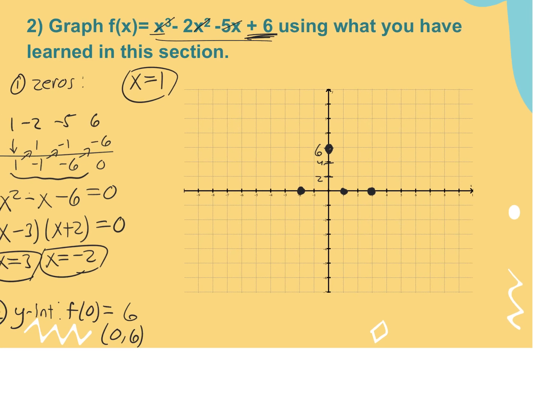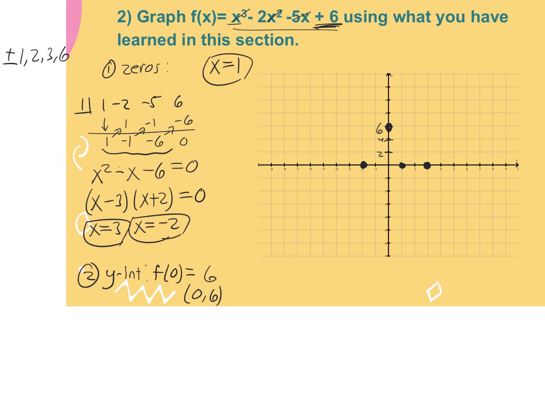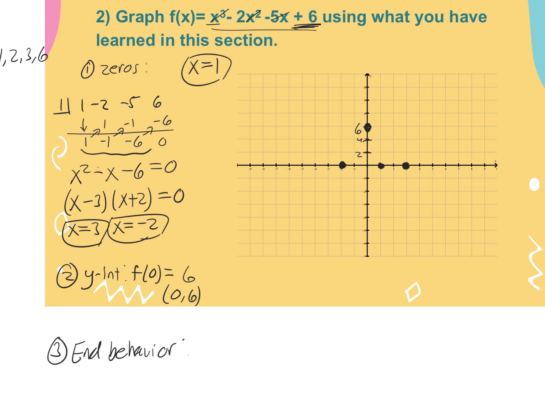All right. Another thing that we need after our intercepts are the end behaviors. All right, so end behavior. And in this case, since it is odd and positive, right, this means that it's going to go down as you go to the left, up as you go to the right.